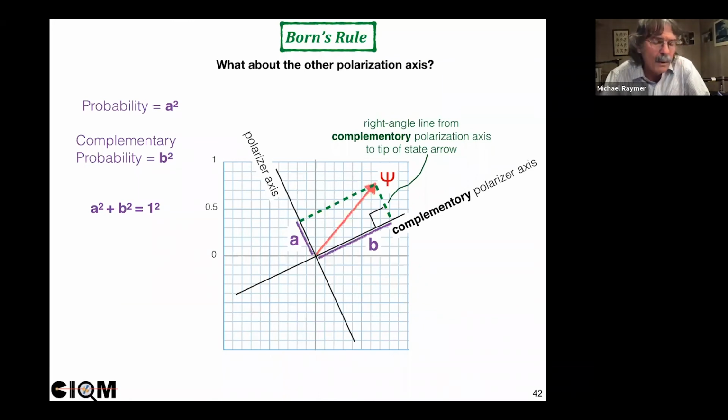Well, you remember when I was doing the demonstration, I had my plastic polarizer in my fingers, and I could rotate that polarizer any way I wanted. So that axis is by your choice. You, the experimenter, decide or choose what the axis is going to be. So let's say that Amy prepares a photon, and she can choose the preparation.